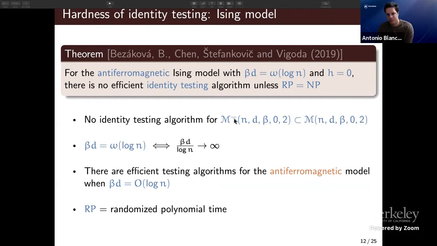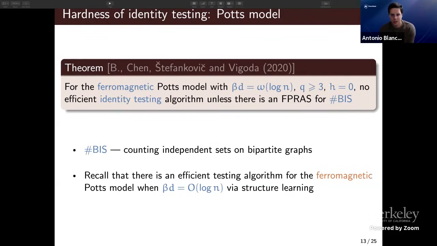Okay? So this was the first evidence that this conjecture might be true, but it was just one data point. So in this work, we provide more evidence for this conjecture, and I think we give it in a more systematic way, right? Because we now give a kind of recipe for showing this type of hardness results.